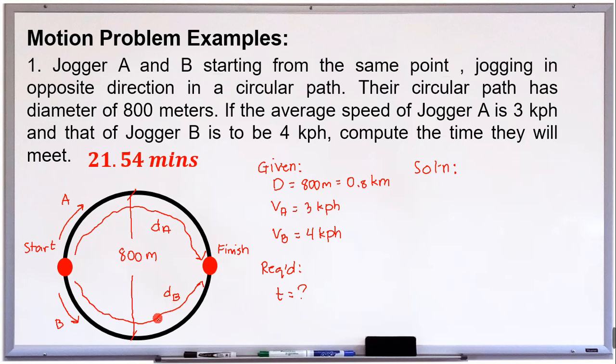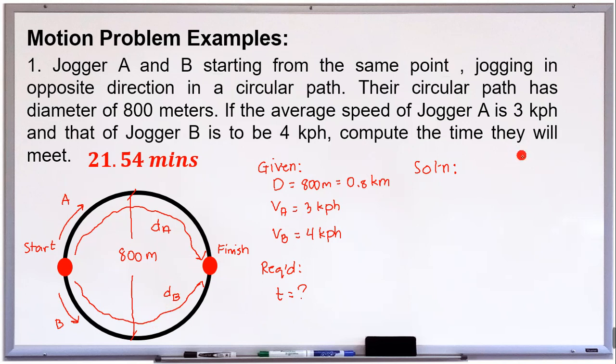If you observe, the sum of their distances is simply equal to the circumference of this circular path. Now we are going to translate that into a mathematical statement.